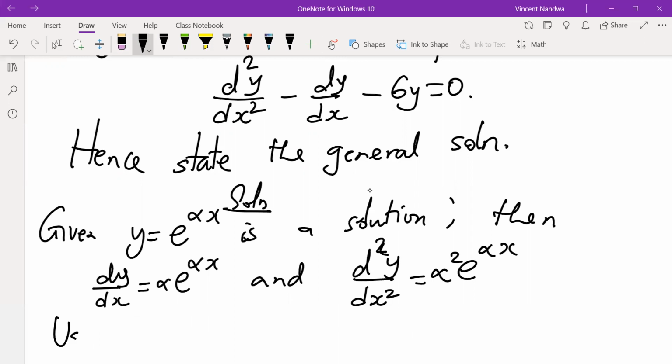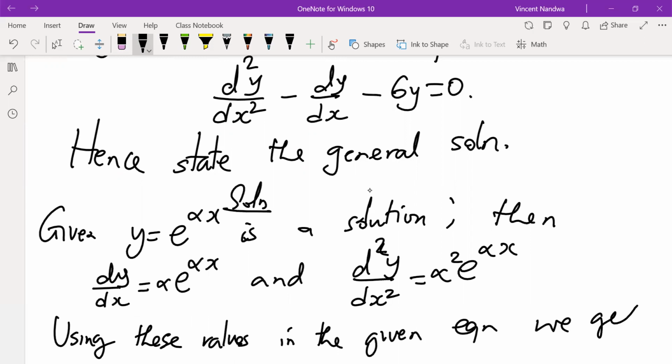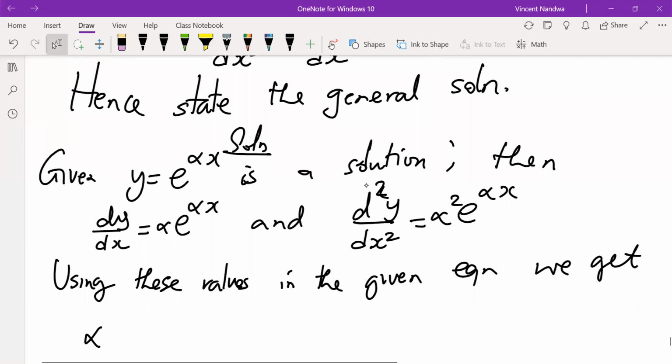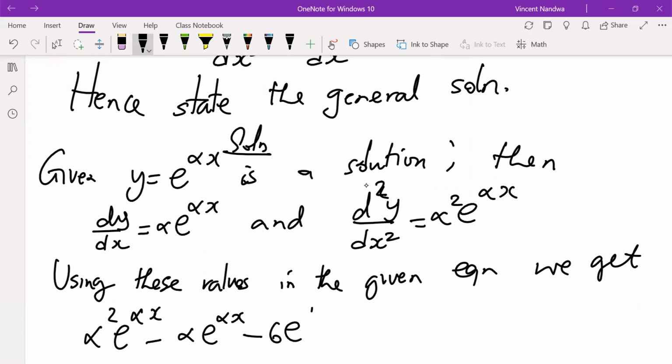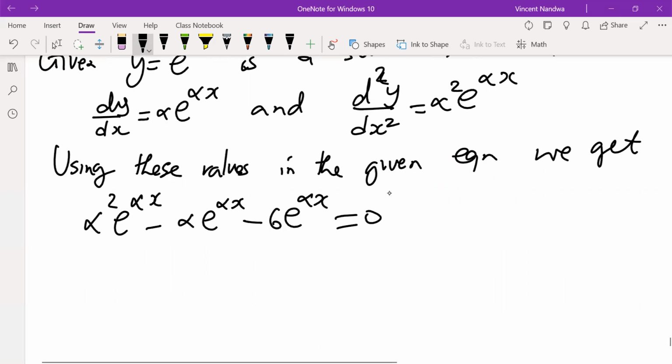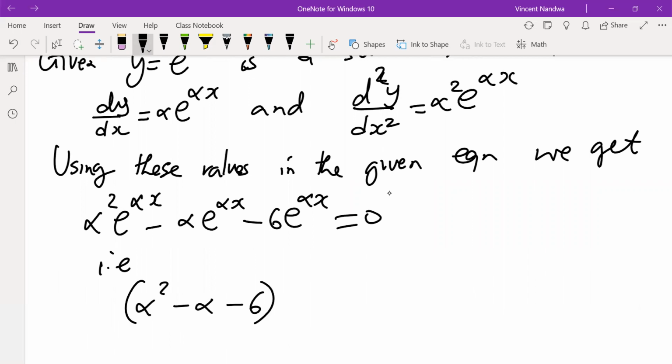So using these values in the given equation, we get alpha squared e raised to alpha x, and then minus alpha e raised to alpha x minus 6 e raised to alpha x equals 0, i.e. (alpha squared minus alpha minus 6) e raised to alpha x equals 0.